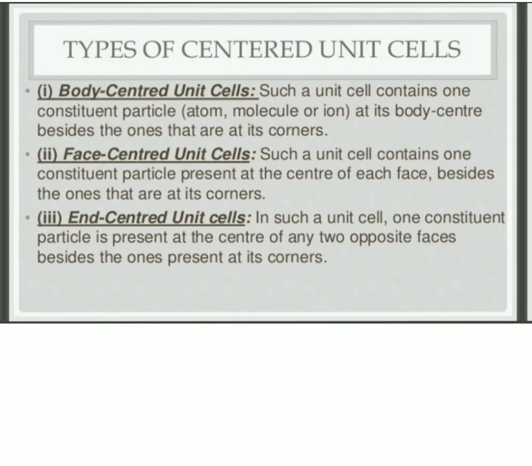Centered unit cells are of 3 types. One is body centered unit cell, second is face centered unit cell, and third is end centered unit cell. Let us see one by one.